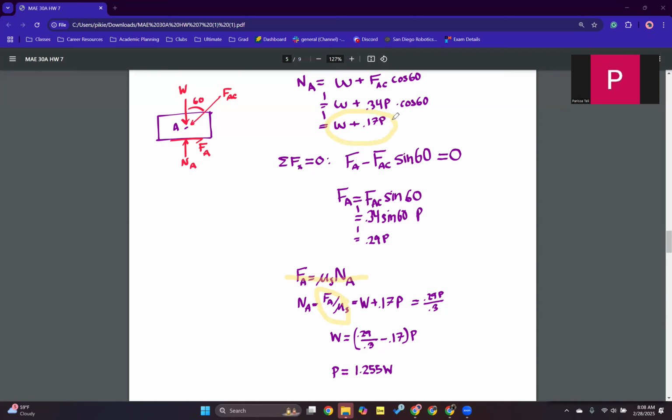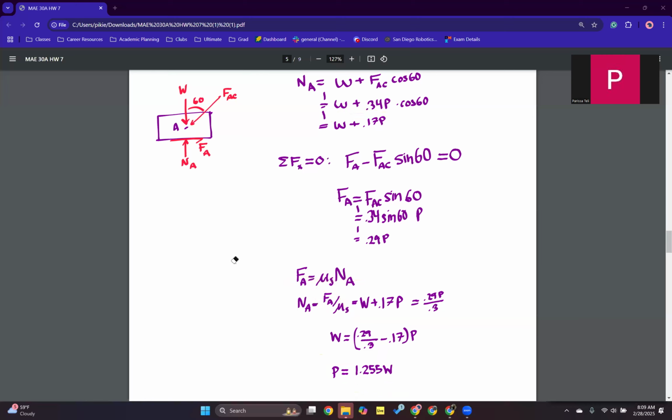So we can set those two equal to each other and use that to obtain one of the possible expressions for P. So this gives us that P is 1.255 W.